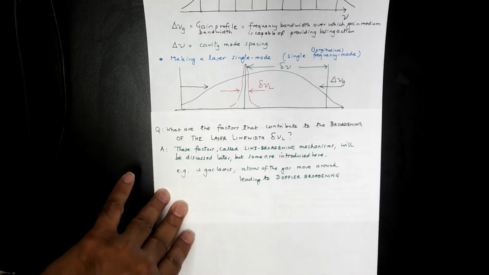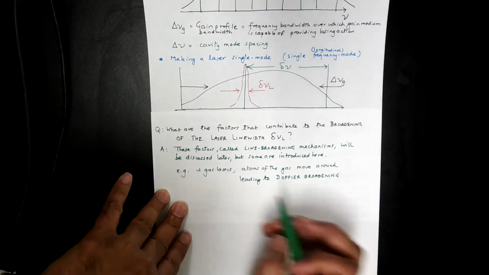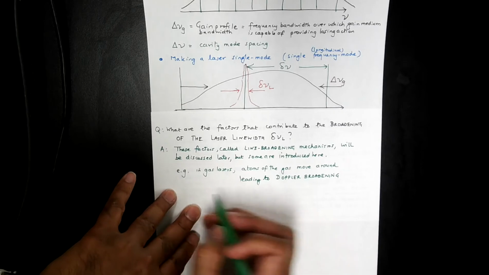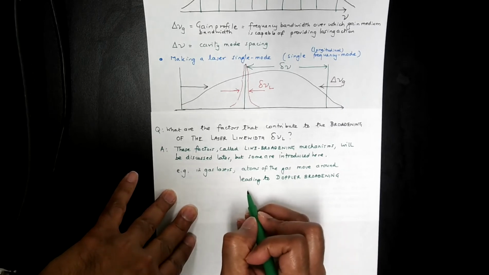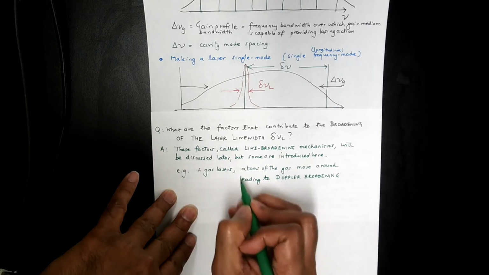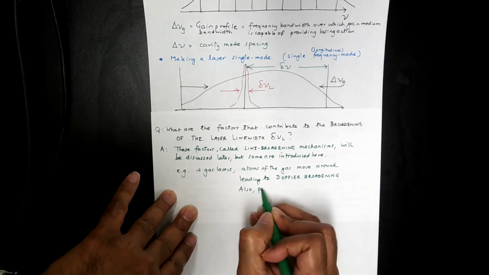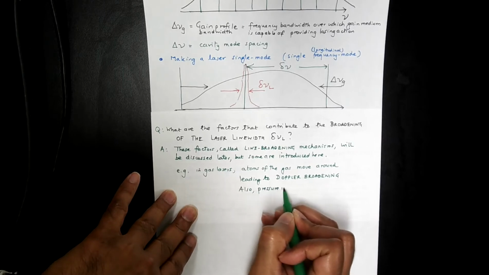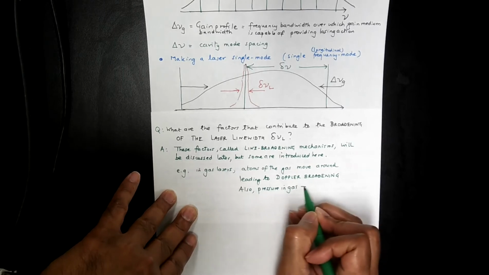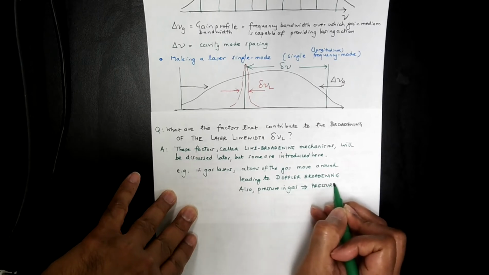Then I'm trying to think of other examples. In gas lasers also, pressure in gas leads to pressure broadening, and this is due to collisions.